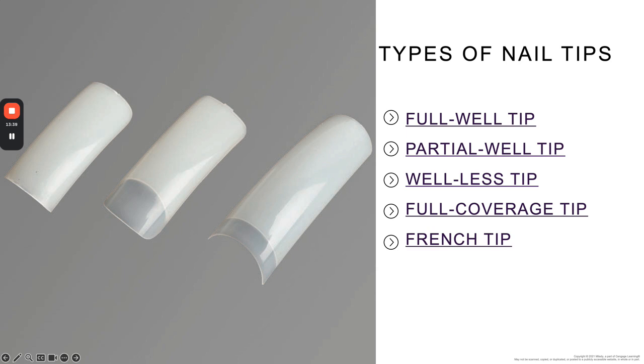Some of the French tip nail tips do have a partial weld, but some of them will come weldless, and they're meant to be applied for your French tips. When you do these, we're not going to be blending the nail tip into the natural nail, because if you blend it, you're going to take away the smile line. So if you use those, you just attach it to the natural nail, and then you do your overlay or whatever you need to do so that you can still keep that solid smile line that's already pre-cut into the nail tip.